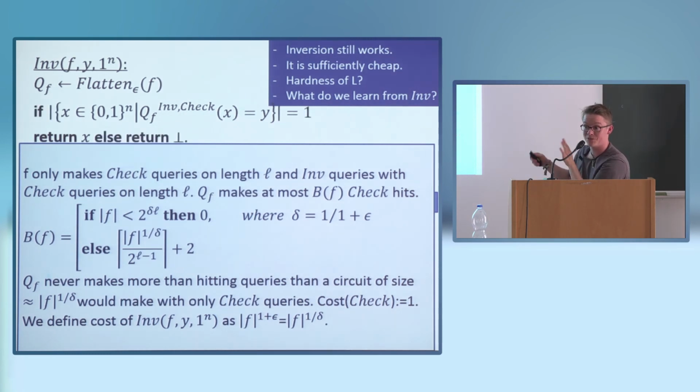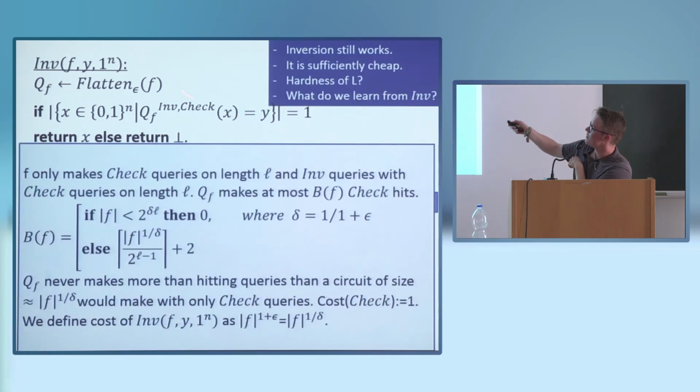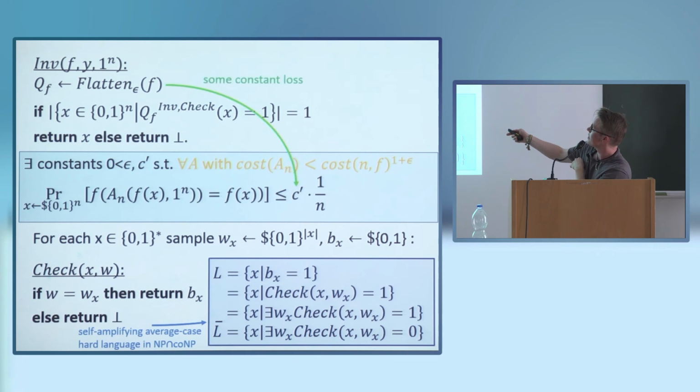We just give a pre-image if there is a single pre-image, and to deal with this, we use universal hashing, which makes pre-images unique with some probability, and going for a unique pre-image is the reason that we get this 1/n factor here, and this flattening is the reason that we get a constant here.